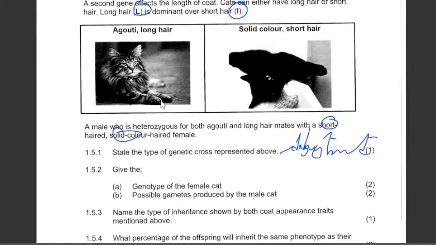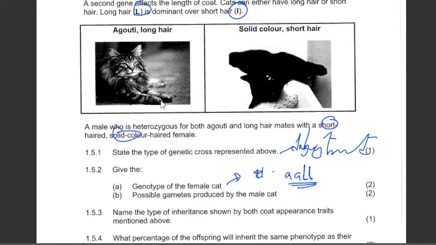Therefore, it's going to be short, so we say small l, and the solid small a. So that is the genotype of that.